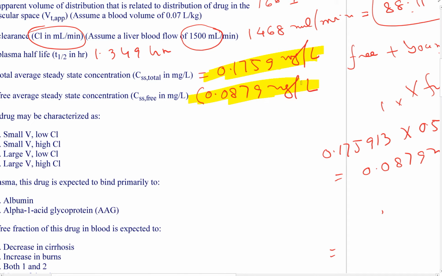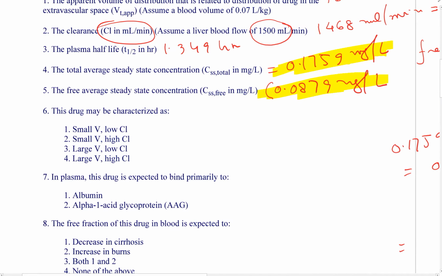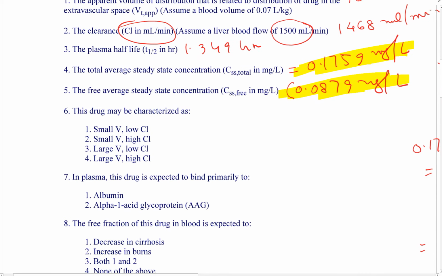Total drug is always going to be higher than free drug concentration. Now some of these drugs may be characterized as large V low CL drug, or large V high CL drug. This is going to be a large V high CL drug for a number of reasons.